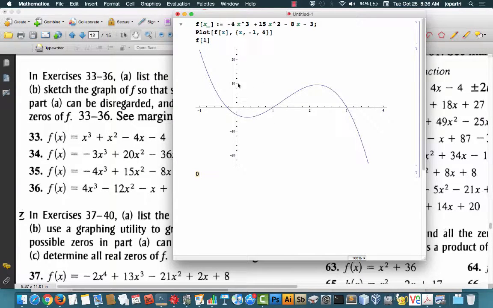So 1 definitely goes in. Let's go ahead and try 3. And 3 definitely works also. So both 1 and 3 work. So as I go through the synthetic division, we can find out what the other zero is, which is somewhere around here, which may or may not be negative 3/2. Let's see what we get here.